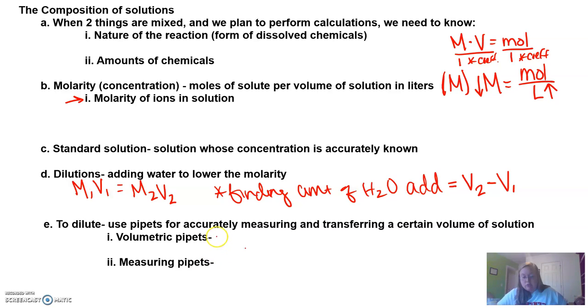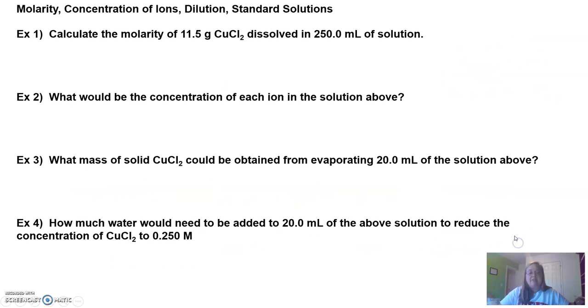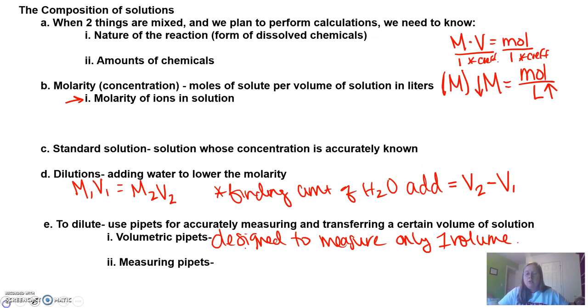A volumetric pipette is designed to measure only one volume, so it's kind of like a volumetric flask. If you have a 10 milliliter volumetric pipette, it's only going to measure 10 milliliters, nothing more, nothing less. It's going to be exact. Whereas a measuring pipette is graduated, and so it has the ability to measure a variety of measurements.